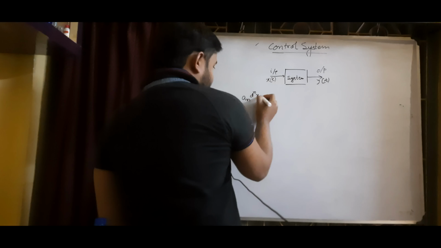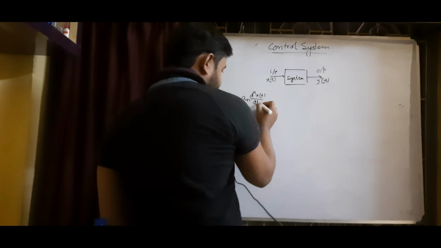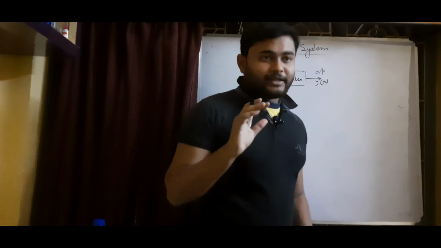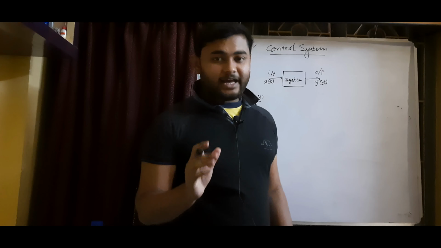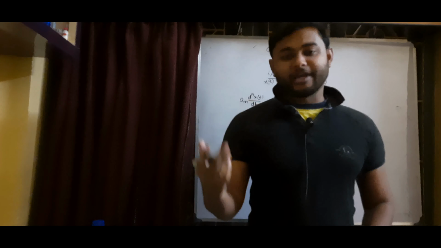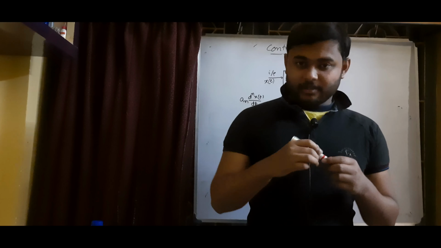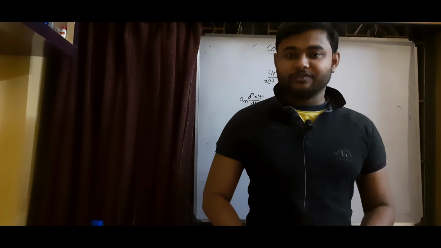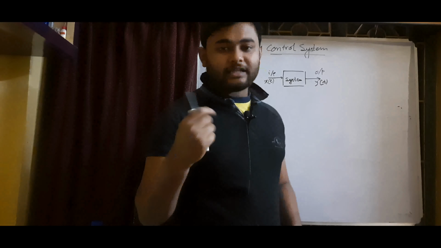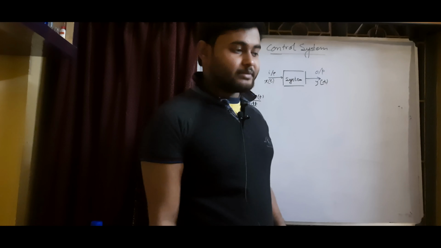nth differentiation of x(t). Okay, let me tell you, when I mention the differentiation, I will mention the differentiation with respect to time. If the variable with respect to which we are going to differentiate the function is other than time, then I will mention that variable.